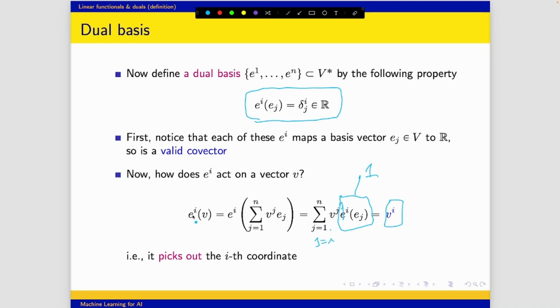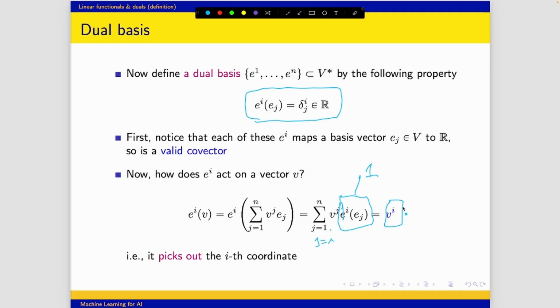So what's happening here? The way that we have defined these dual vectors, these covectors, which will form our basis, is that the ith one simply picks out the ith coordinate of V. That's what it does. So this is how we're defining them. So by writing this down, what we're forcing is that the ith basis vector for our dual space is simply the linear functional that picks out the ith coordinate of the vector that it acts on. That's it. Now, why does this even make sense?